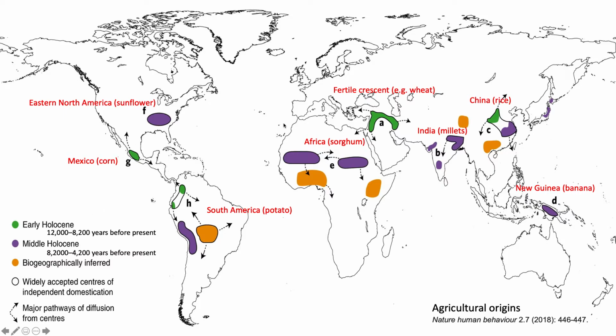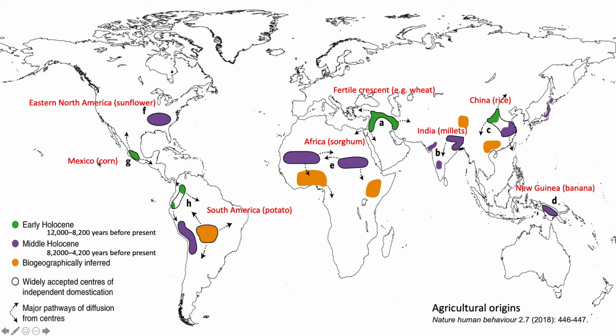This map shows us the location of the centers of origin, and they believe that agriculture started in these regions. The ones in green are the early Holocene, which is around 12,000 to 8,000 years before present.